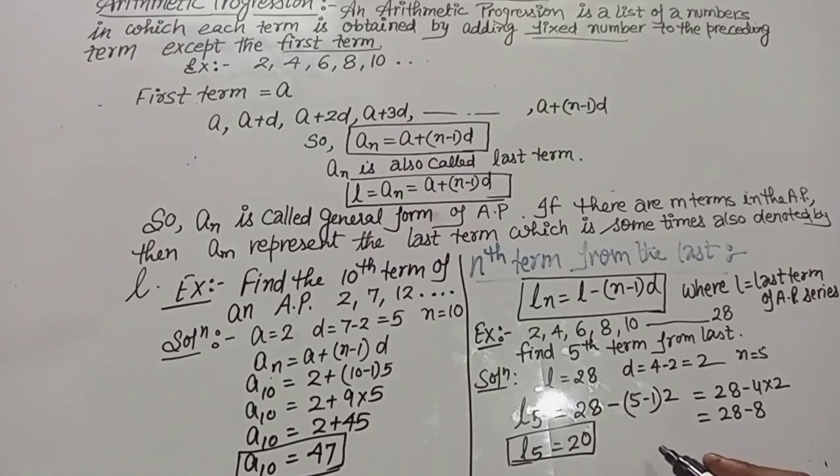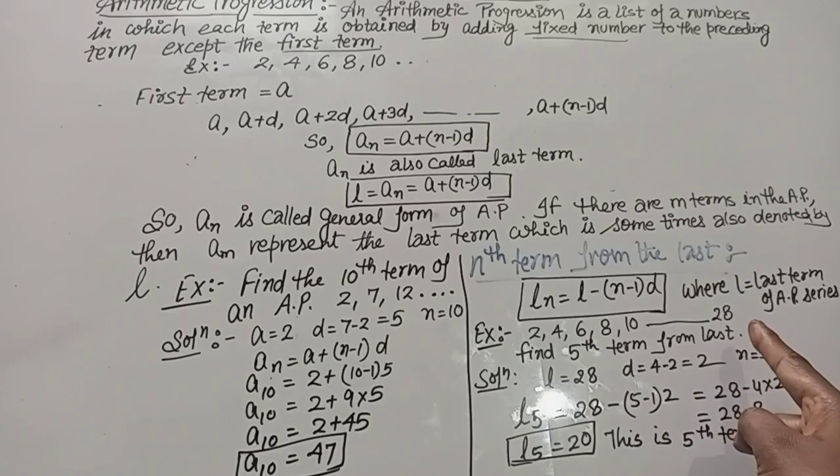Okay, this is the fifth term from the last. Counting from the last, 28, then 26, 24, 22 and 20.